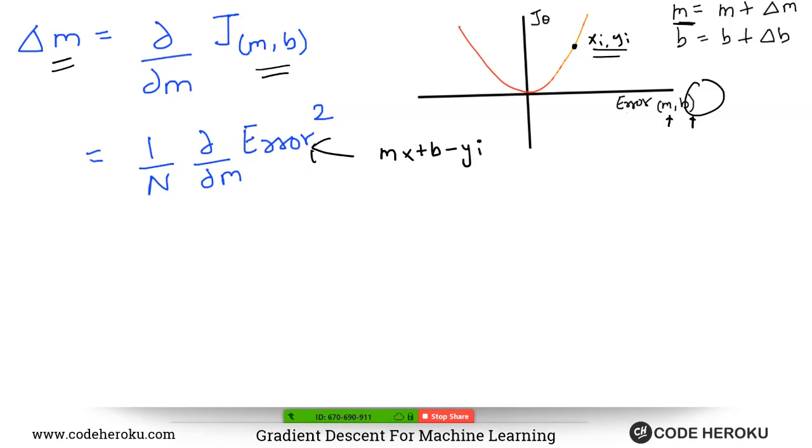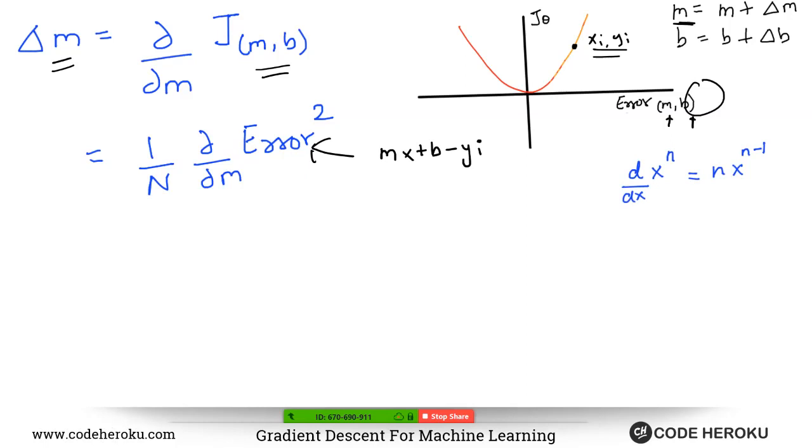Right. So, and before even you substitute that, we know that d by dx x raised to n is n x raised to n minus 1. So what will be the value of this partial derivative with respect to m of error square?